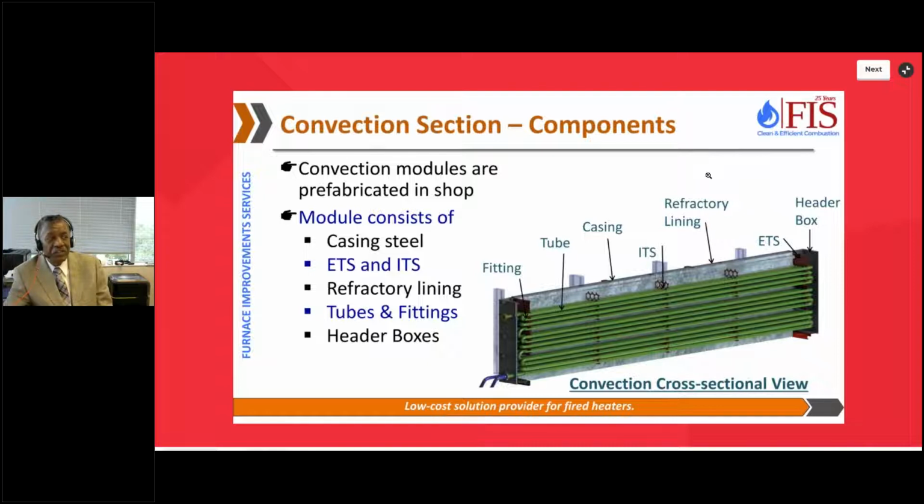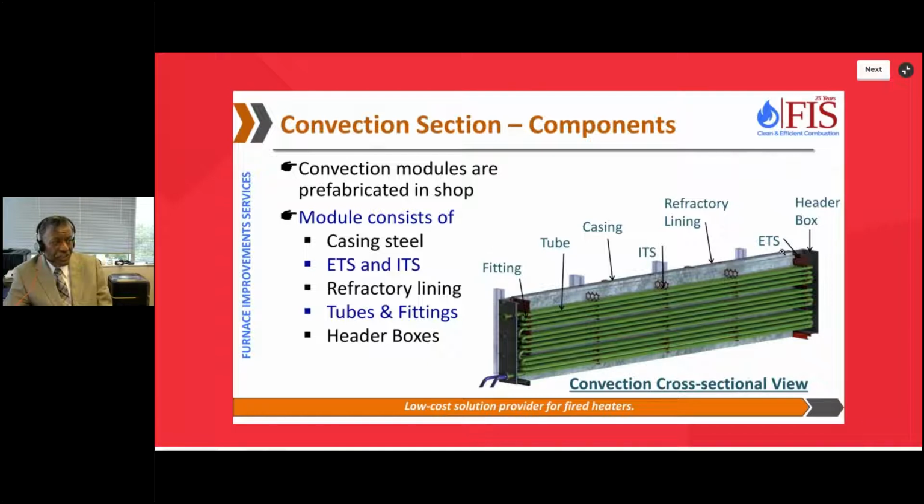And once the convection sections became very compact, we could make them in the shop and their costs came down. And once the cost came down, we were able to transport them and then install it almost like a Lego, one on the top of another. So that's basically how the convection sections are fabricated.